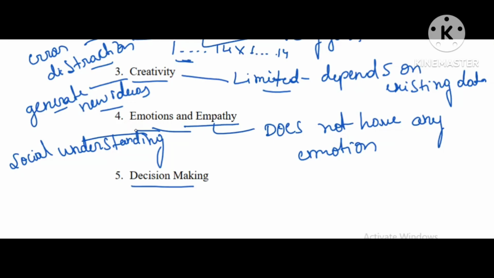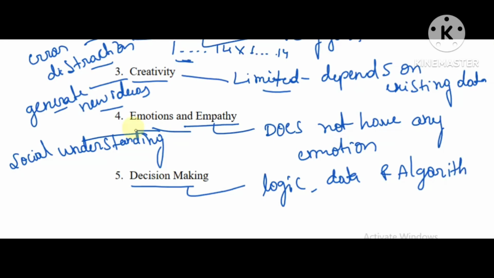Next we have decision making. In AI, decision making is there, but it depends on the logic we updated, or the data, or the algorithm we trained for the machine. Based on that only it is able to take decisions. But what about humans? Humans can take decisions through experience, right?